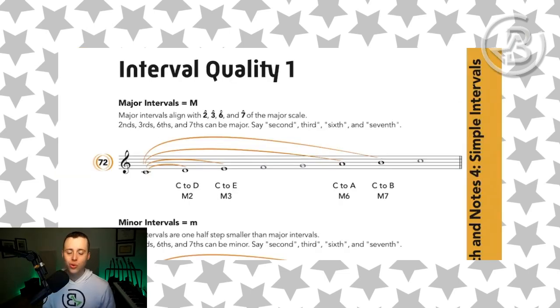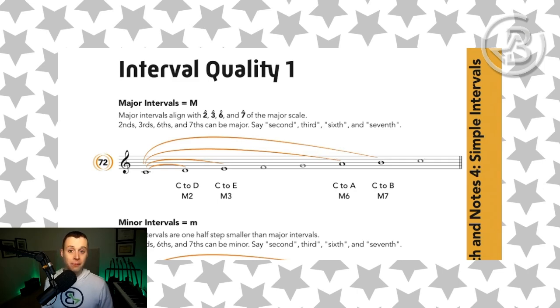In this lesson, you are going to learn about interval quality. The word quality means terms like major or minor. So whenever you hear a major interval, the quality of the interval is major. Whenever you see a minor interval, the quality of the interval is minor.